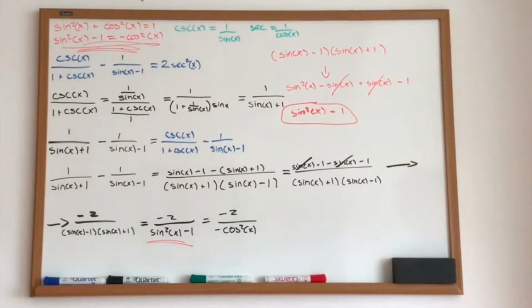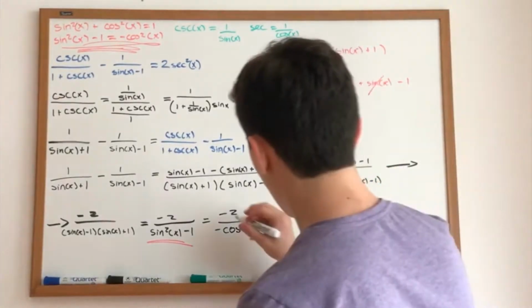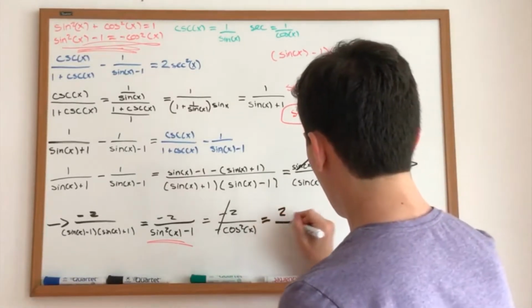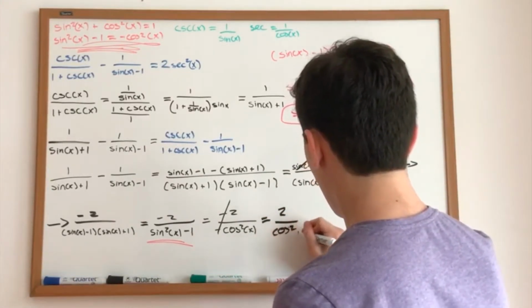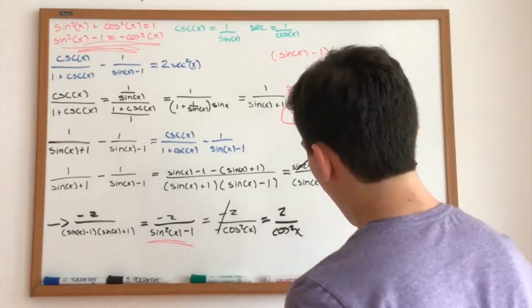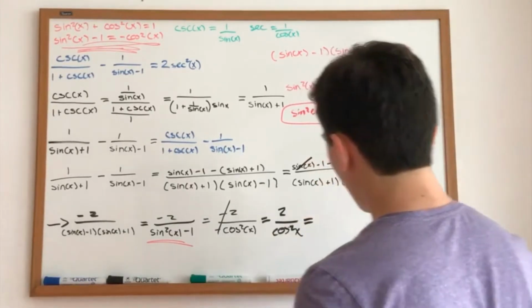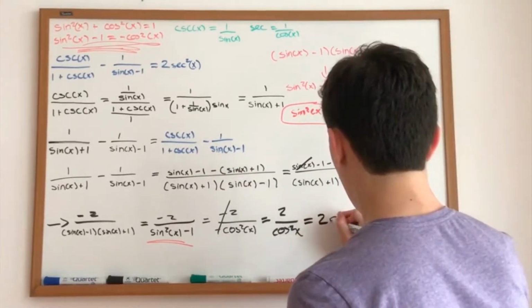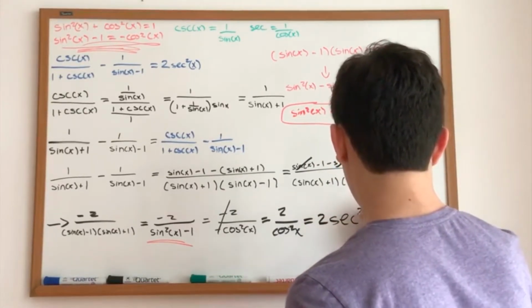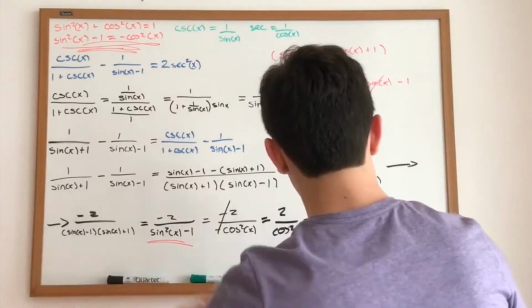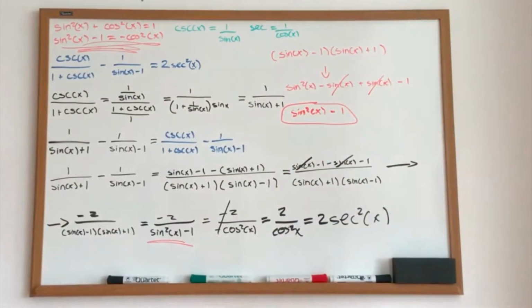We can cancel out both negative properties, and that would give us 2 over cosine square of x. This can be converted using reciprocal identities, so that would be 2 secant square of x, and that would be our final result.